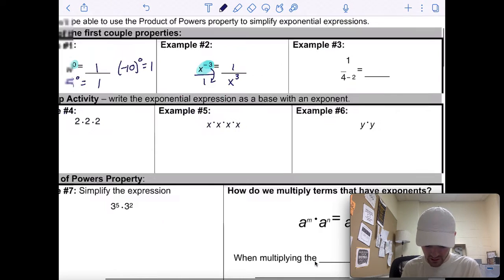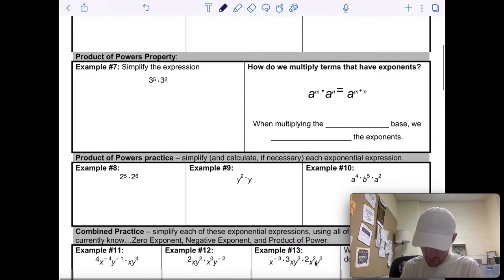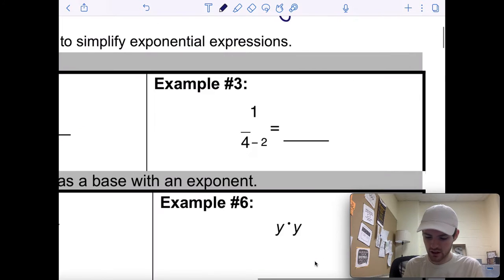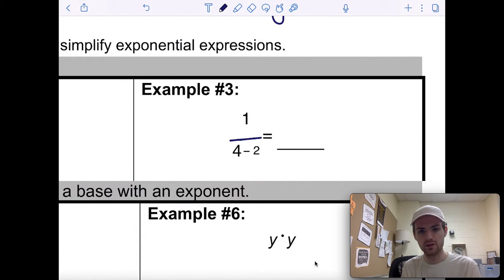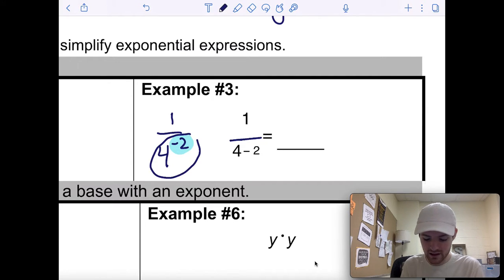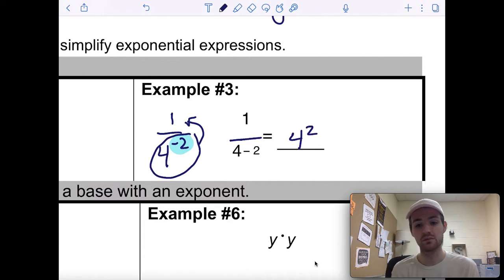Oh, did the format get a little wonky? No, just looks like this one. This should be 1 over 4 to the negative 2. Same idea. When we have a negative exponent, we take the base and the exponent and we move it to the other side. Because we're starting in the denominator here, we're going to move it to the top row, make the exponent positive.